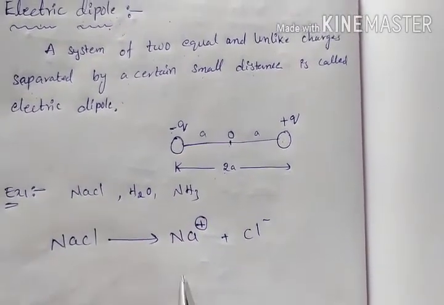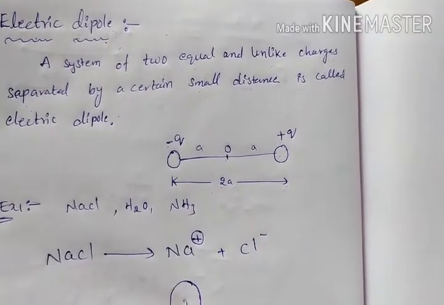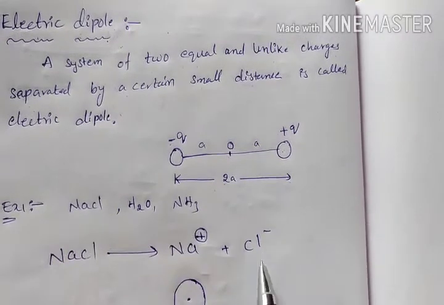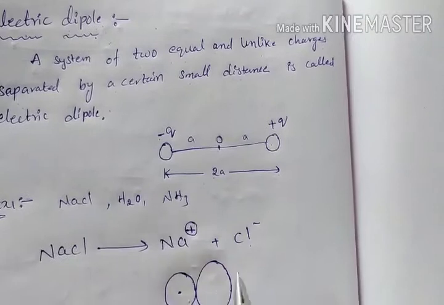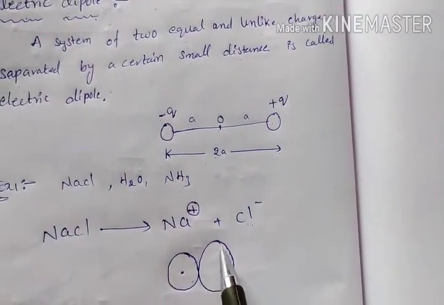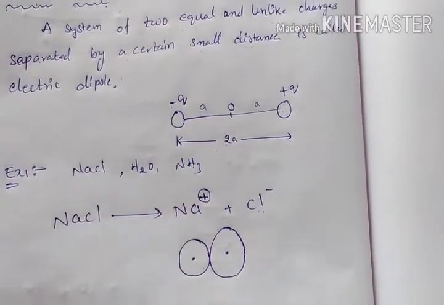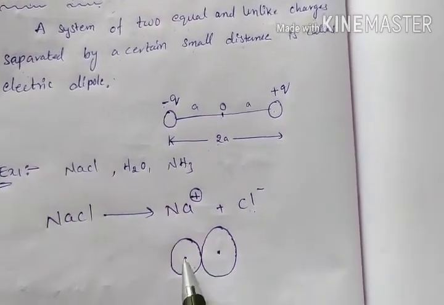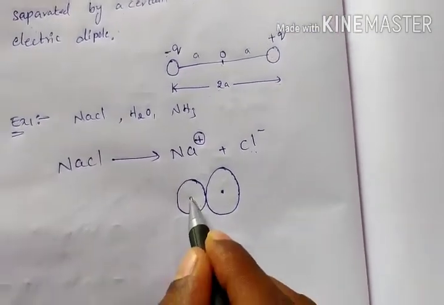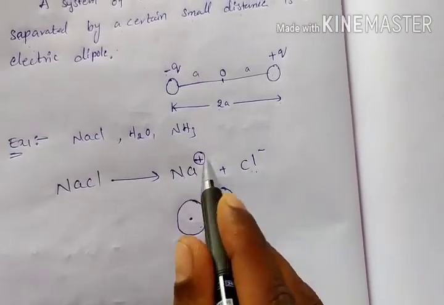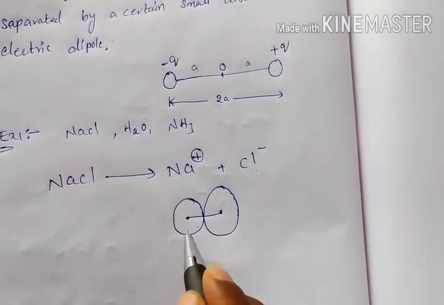If you take some atomic diagram, this is the plus atom, the Na structure, and similarly Cl. Because Cl carries a higher number, I wrote a big circle, and this is a smaller circle, for understanding purposes only. Each one has a nucleus at the center. The distance between two equal and opposite charges is separated by some distance.